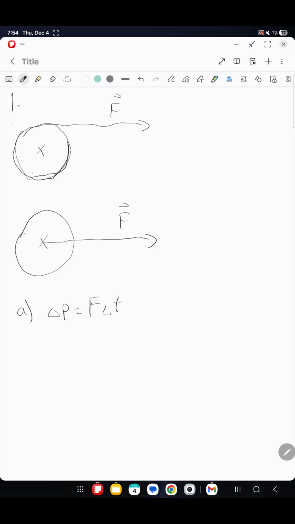So here, we're not going to be working with torque, because here we want to know what the linear momentum is. So the player pulls with the same force for the same time on both pucks. So we can know that both pucks will gain the same change in momentum. So delta V will be F delta T over mass, based on the equation that linear momentum is equal to m delta V.